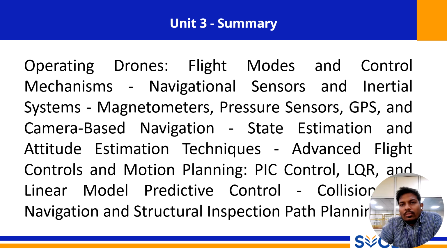Once we have a reliable state estimate, we can finally act on it. This brings us to advanced flight control. Drones operate using different flight modes managed by a state machine that switches control strategies depending on the phase of the flight, such as takeoff, altitude hold, or descent.